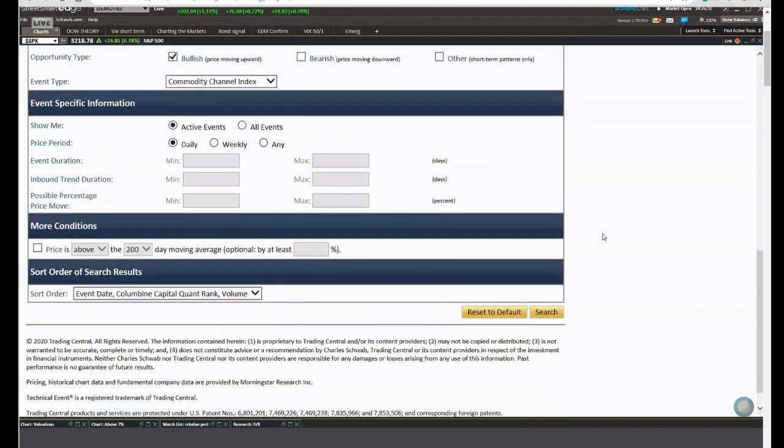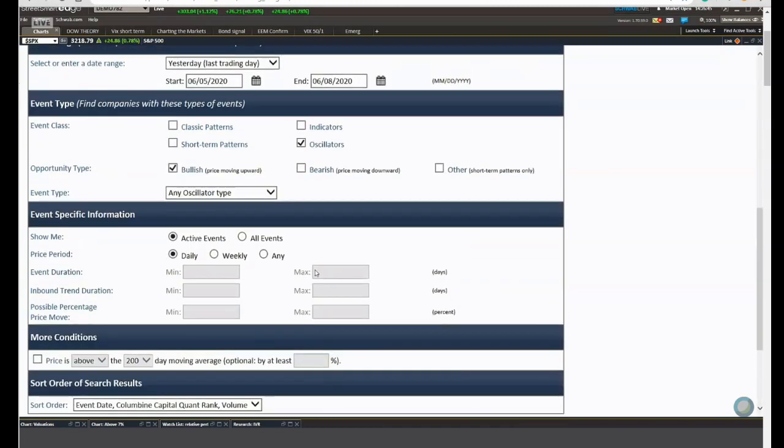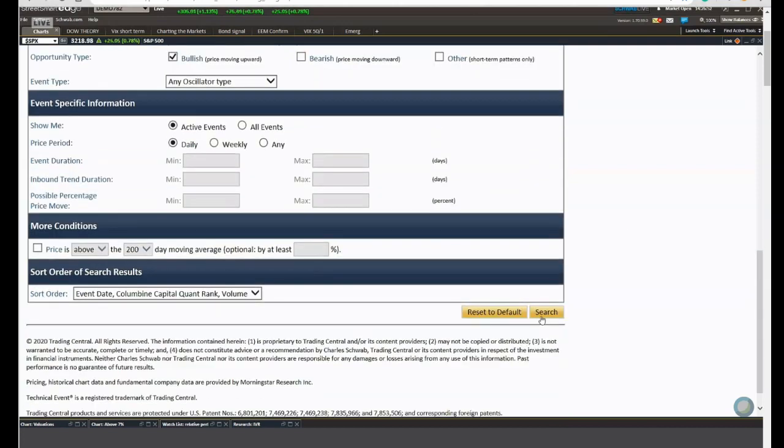And we'll see if we got any as of Friday's close. Yeah, we did not get any as of Friday. So let's just get some for the last week. So we'll go back here. Let's go to the last 7 days so we can show some.